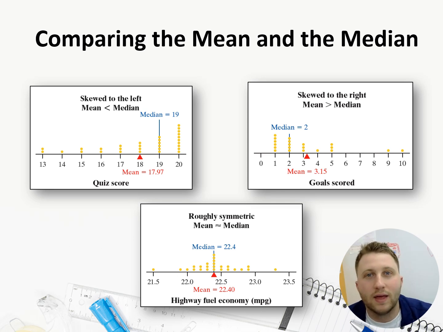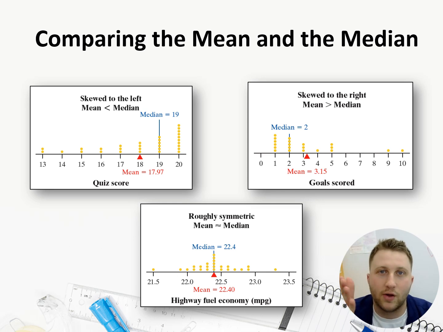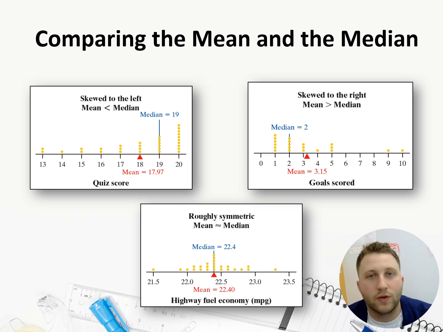We say mean is a non-resistant measure of center. It is sensitive, whereas the median is resistant. So the median always stays at the 50th percentile. The mean is pulled in the direction of the skewness or the outliers. And so in this case, in a skewed left distribution, the mean is lower than the median. It's pulled towards the lower values. In a skewed right distribution, the mean is higher than the median.